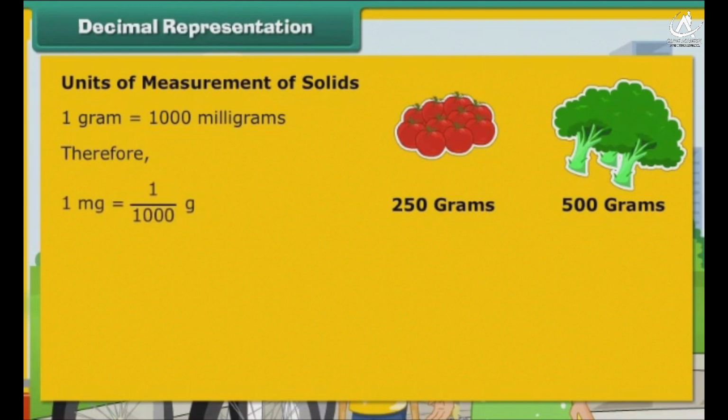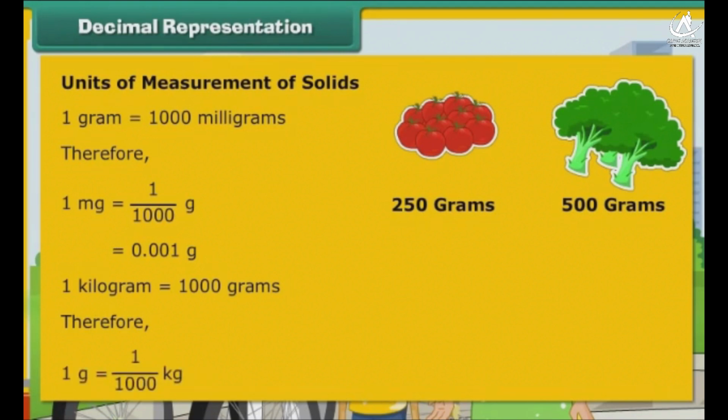Therefore, 1 mg is equal to 1 by 1000 gram. That is equal to 0.001 gram. 1 kilogram is equal to 1000 grams. Therefore, 1 gram is equal to 1 by 1000 kg. That is equal to 0.001 kg.